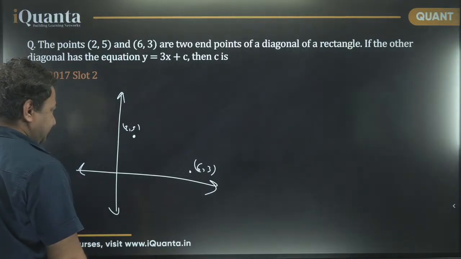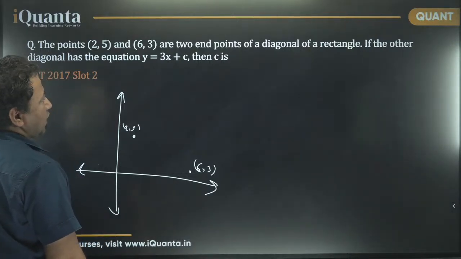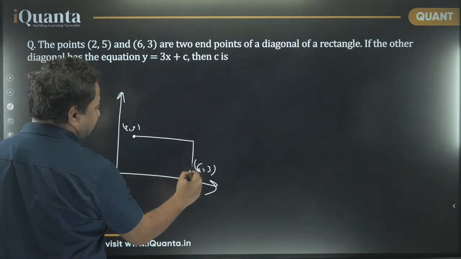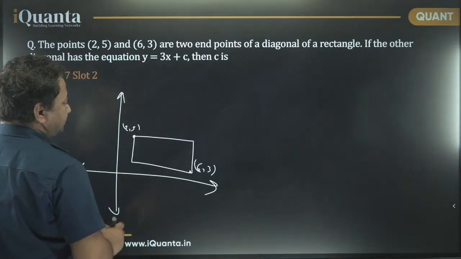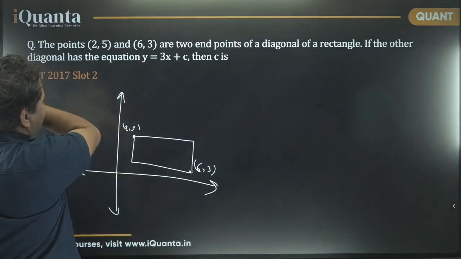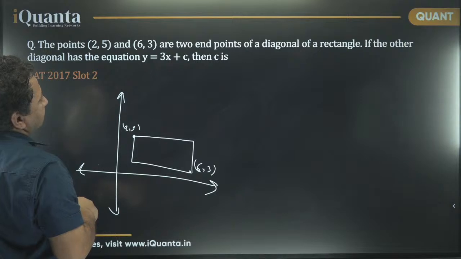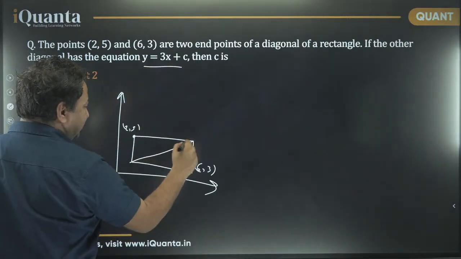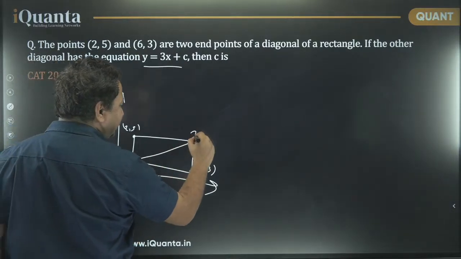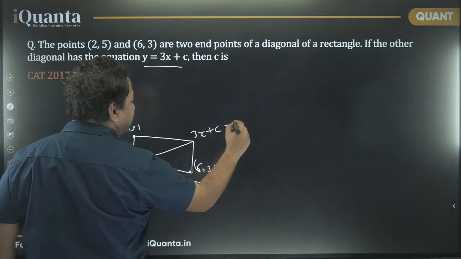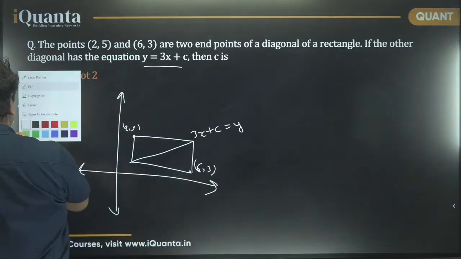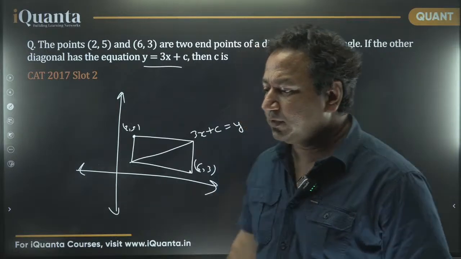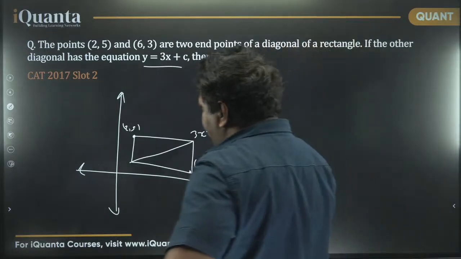The rectangle must have looked like this. The other diagonal has this equation, y equals 3x plus c. Is that right? Understood, everyone?